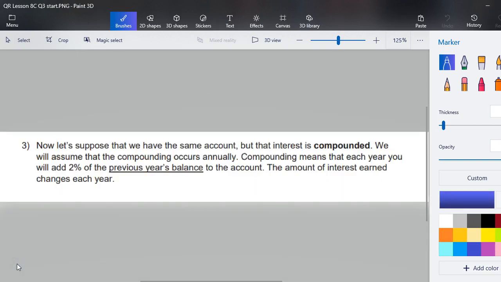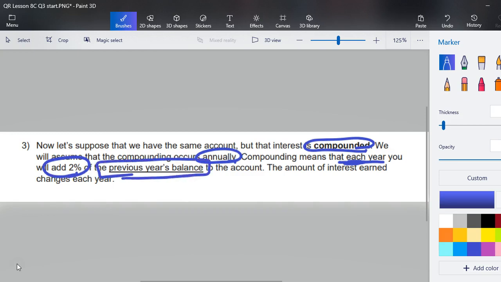Now let's suppose that we have the same account, but this time the interest is compounded. We will assume that the compounding occurs annually. And compounding means that each year, you're going to add 2% of the previous year's balance to the account, and then the amount of interest earned changes each year.